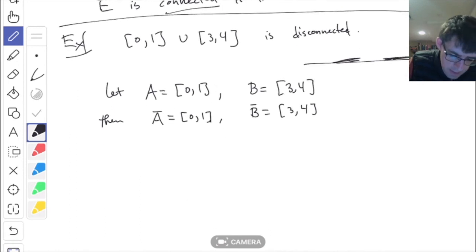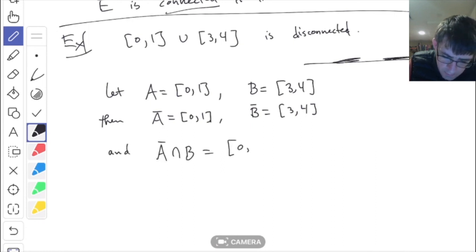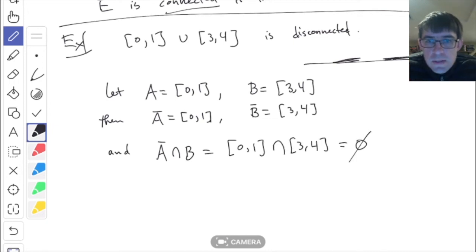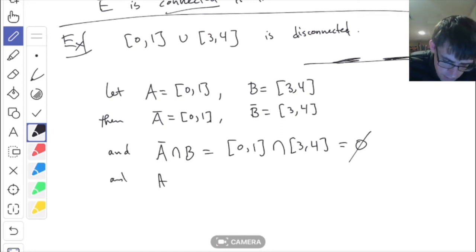Okay, and it is true, A bar intersect B, what is this? That would be the interval 0 to 1 intersect the interval 3 to 4. And that's the empty set, right? Those two sets of numbers have no overlaps. And we also need to check A intersect B bar.